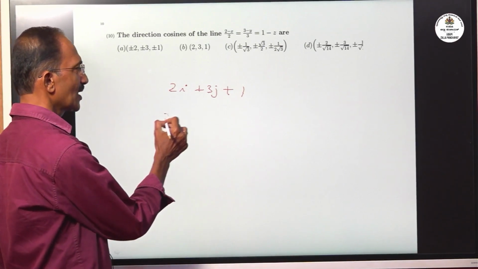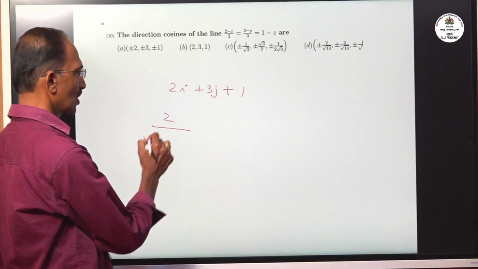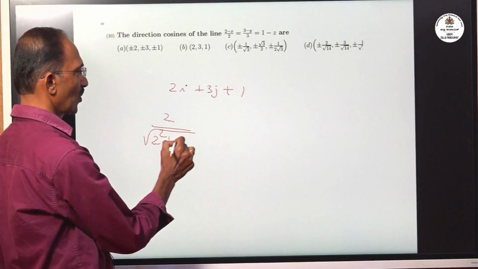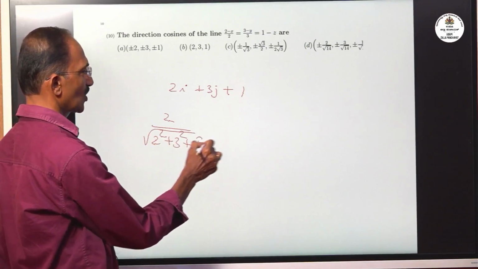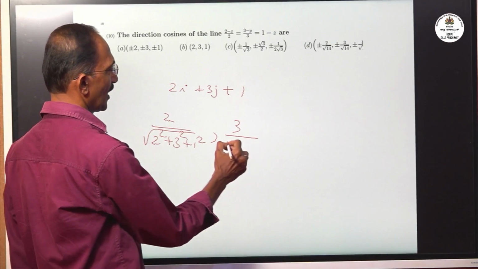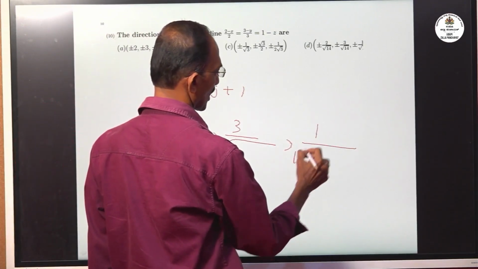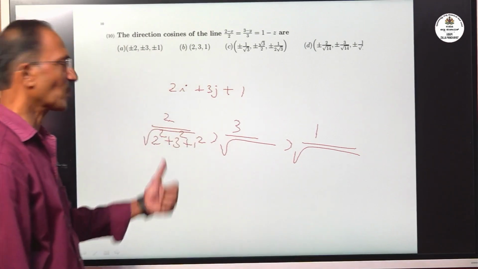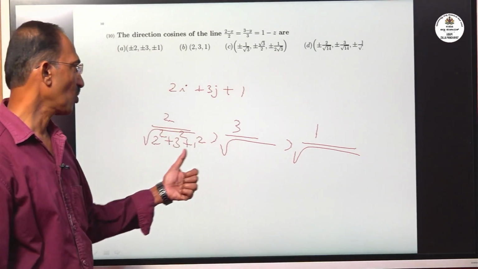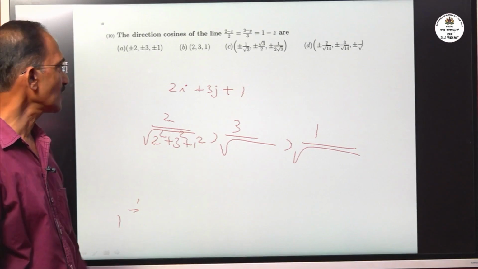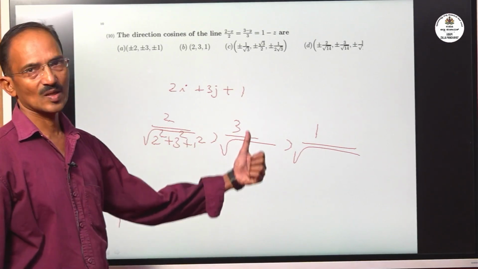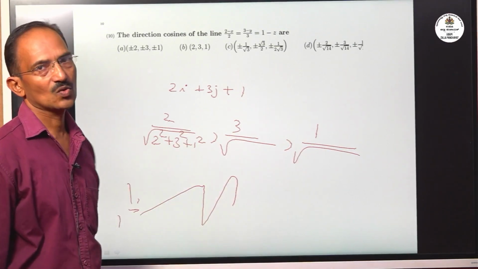That is clearly 2 divided by root of 2 square plus 3 square plus 1 square, the same way 3 divided by the same root, and 1 divided by the same root. So 2 square is 4, 9 and 1, so 14, root 14. So 2 by root 14, 3 by root 14 and 1 by root 14.